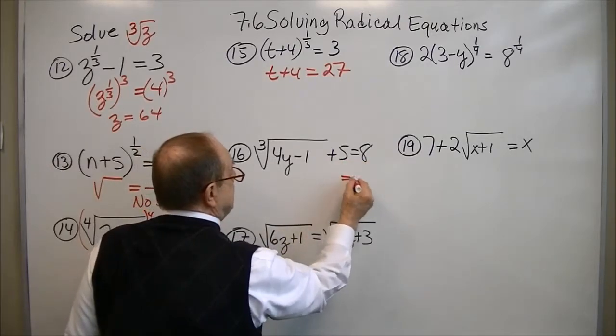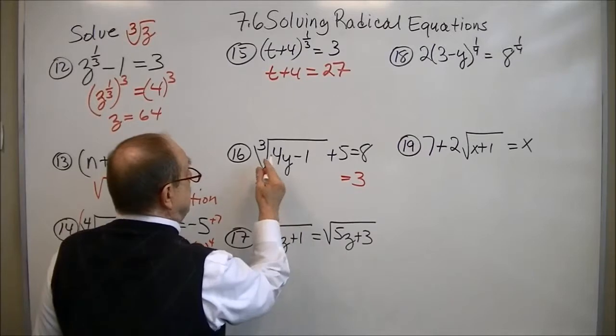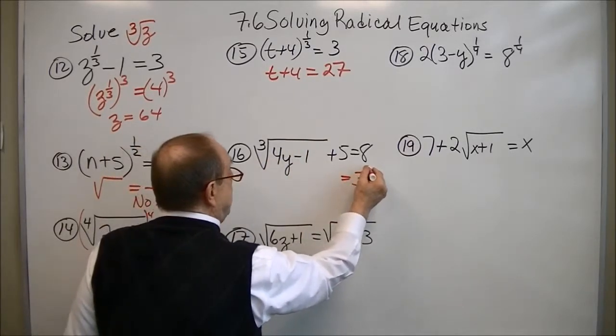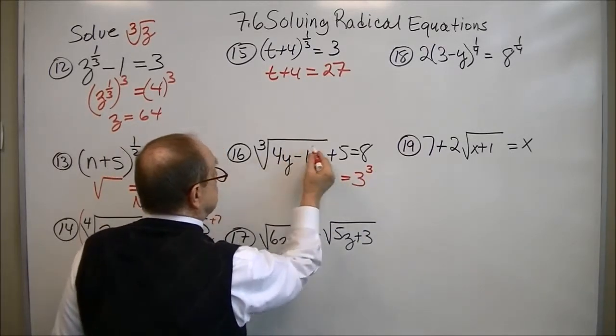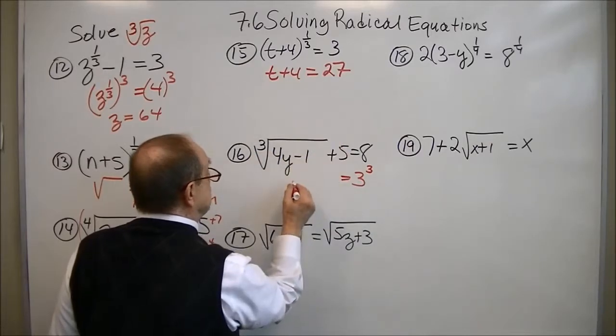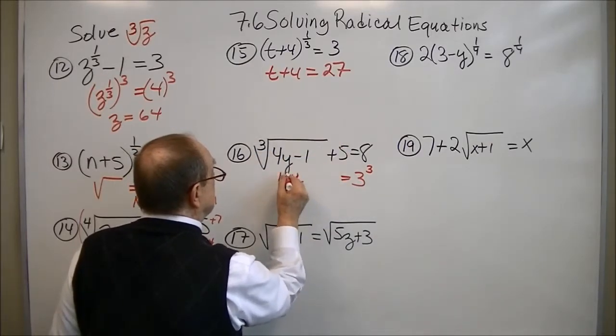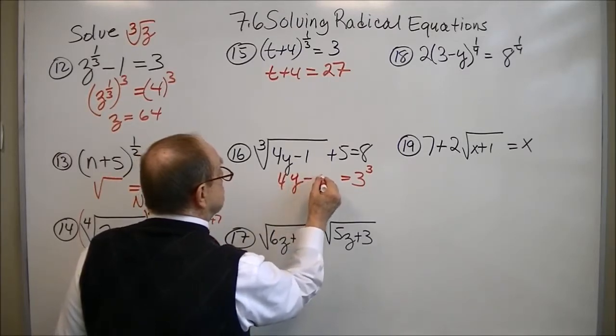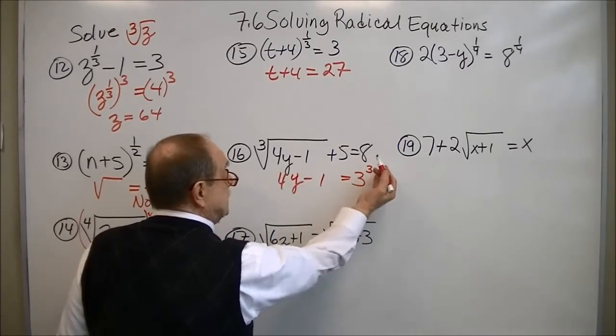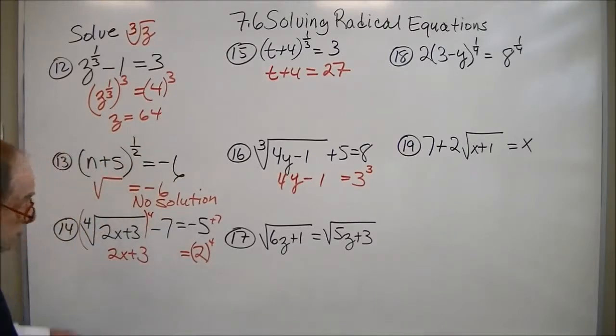So this then will become a 3. And we're going to cube that. And as we cube this, it just becomes the radicand. 4y minus 1 equals 27. And I think these are equations you can do.